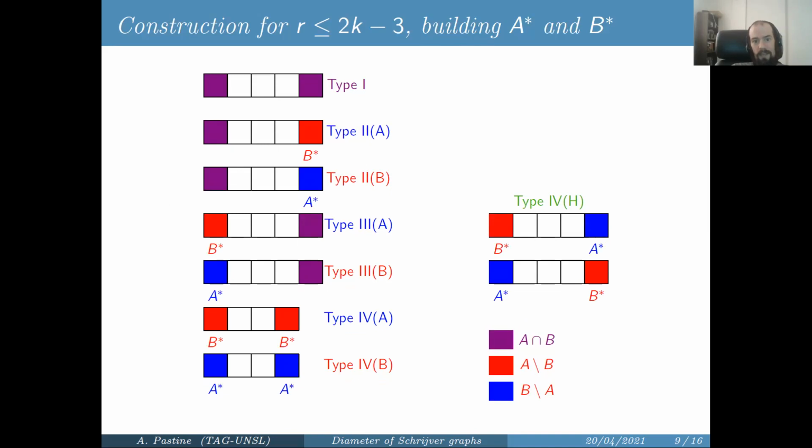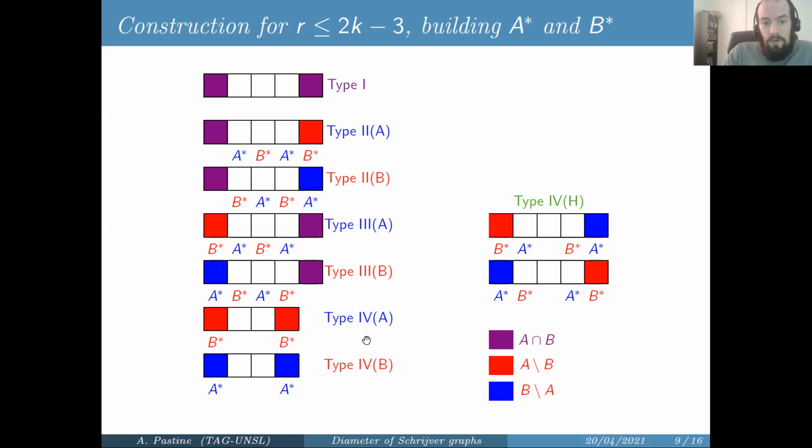We start assigning whatever is in A minus B to B star, whatever is in B minus A to A star, and then neighbors of whatever is in A star to B star, and whatever is in B star to A star, and so on. And when we finish doing that, whatever is in type 2 and type 3, we assign completely. So those are the nice blocks, as I was saying.